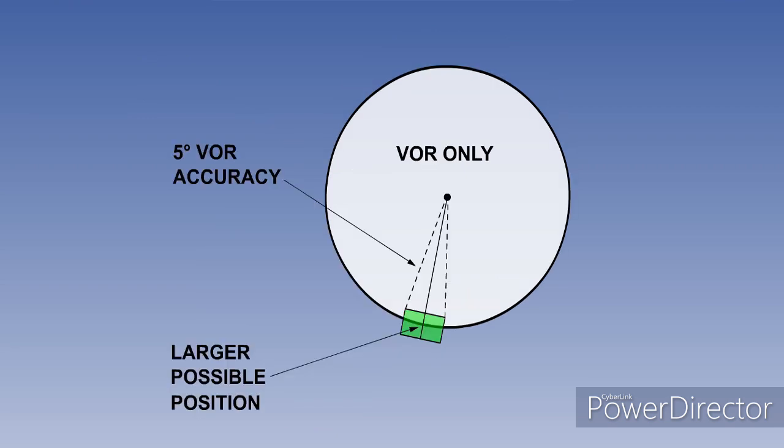Only if 2 DME stations are not available will the computer use 1 VOR and 1 DME, because a VOR without a DME function is accurate only to within 5 degrees. Consequently, the aircraft's position is less precise. These fixes are not used at ranges above 35 nautical miles.